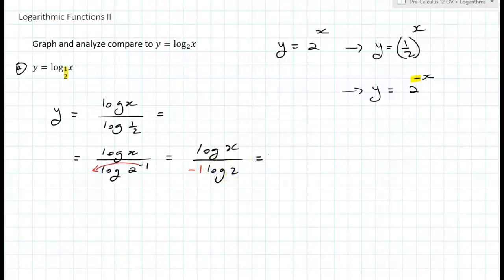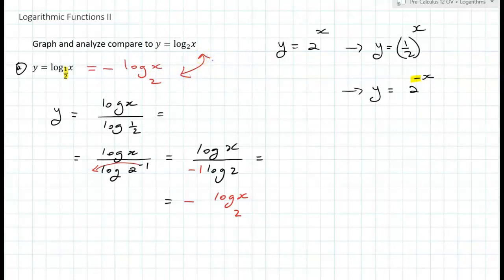So basically now what we have is negative log of x base 2. So I just went back and changed it again to base 2, and I can do that. So basically y equals log of x base half equals negative log of x base 2. They're the same.